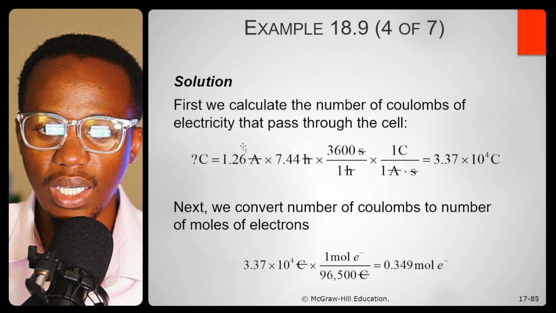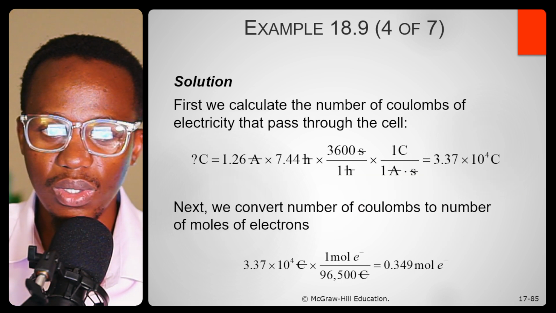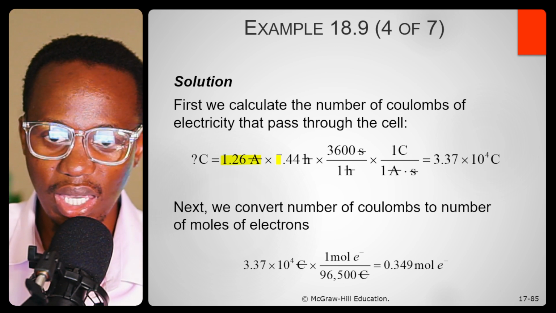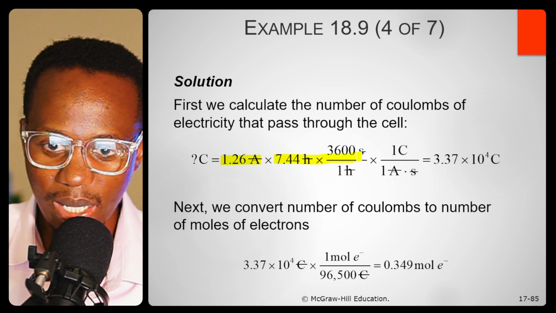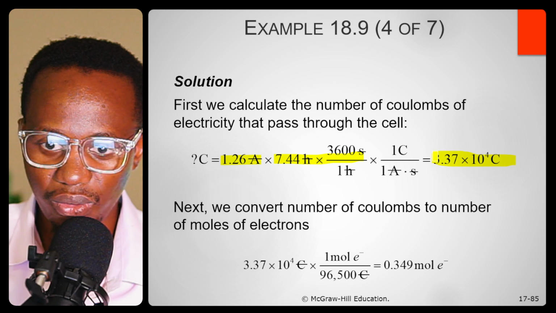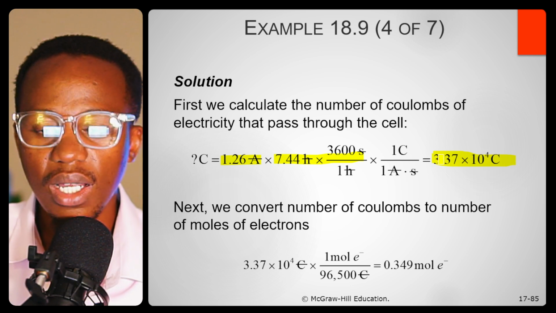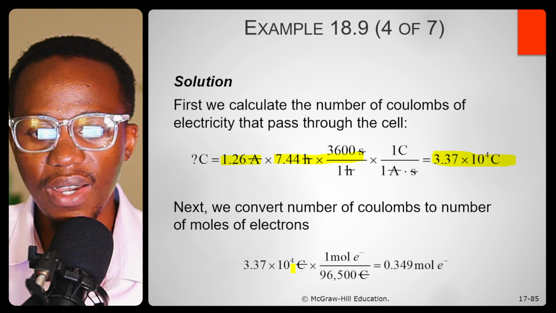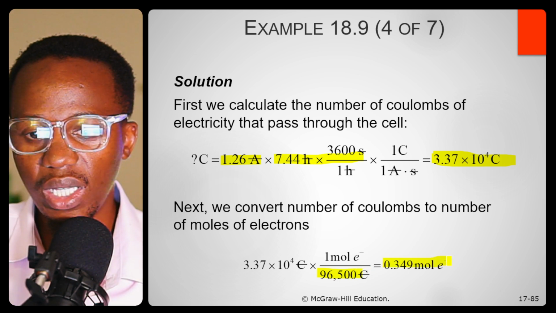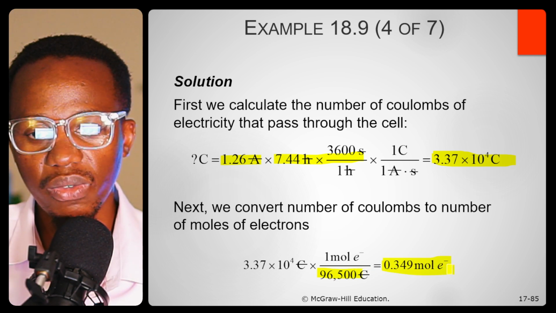So again, you're going to multiply the amperes by seconds. They gave us hours, so you convert to seconds. The amperes times seconds is going to give you the charge in coulombs, right? Then from the charge, divide by the Faraday constant to get the moles of electrons.